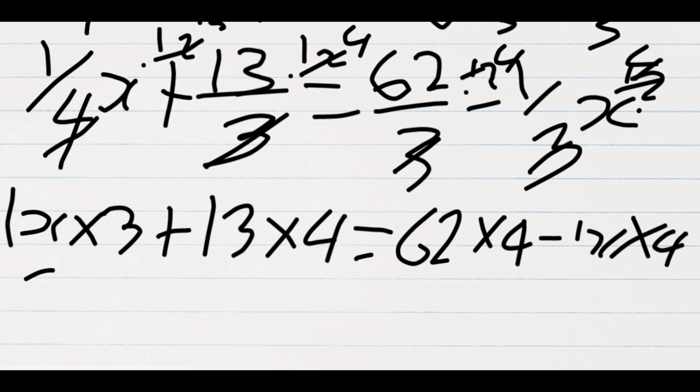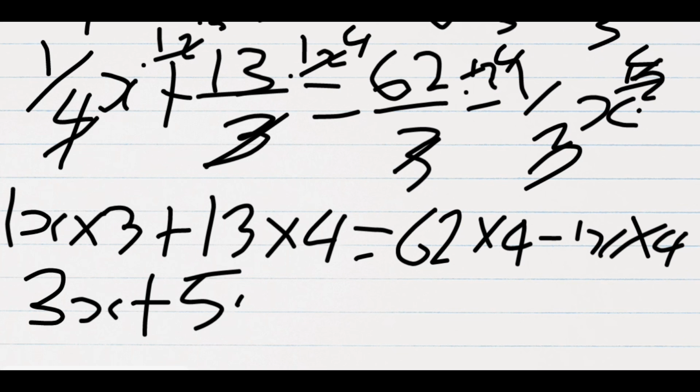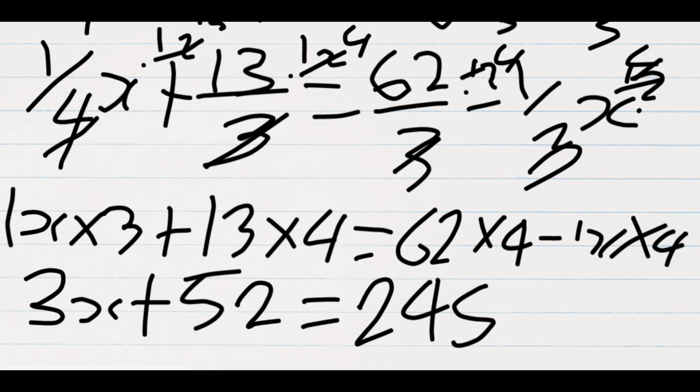So I have 3x plus 52 is equal to 62 times 4 is 248, and 1x times 4 is going to give us 4x. So put minus 4x.